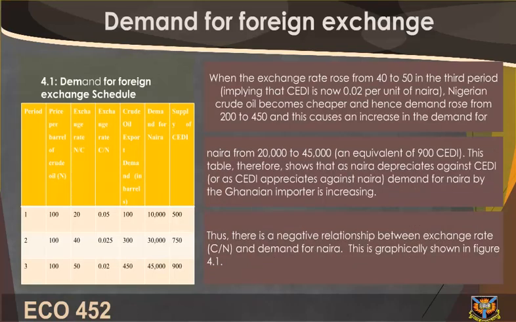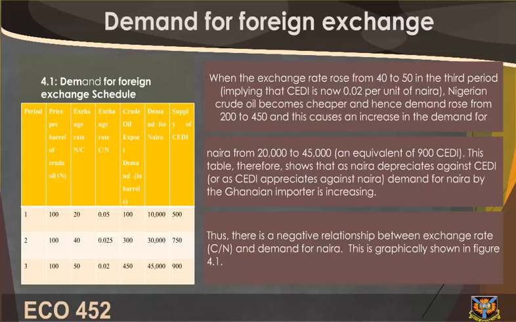When the exchange rate rose from 40 to 50 in the third period, implying that cedi is now 0.02 per unit of Naira, Nigerian crude oil became cheaper, and hence demand rose from 200 to 450, and this causes an increase in the demand for Naira from 20,000 to 45,000, an equivalent of 900 cedi.